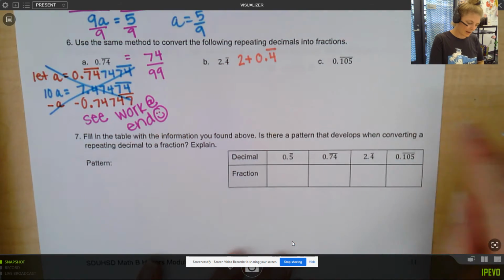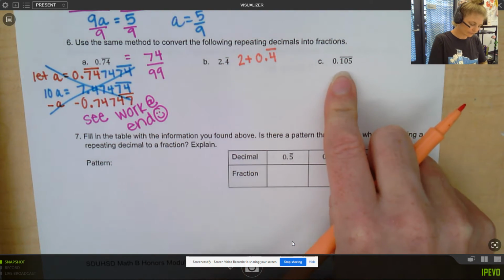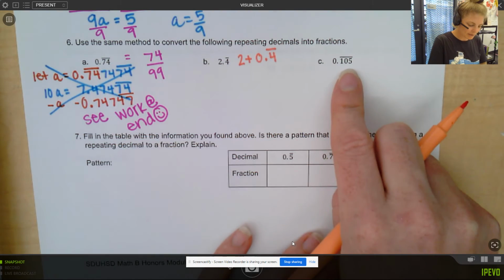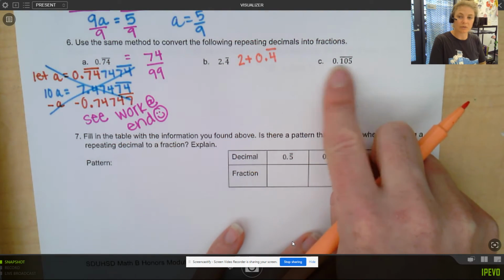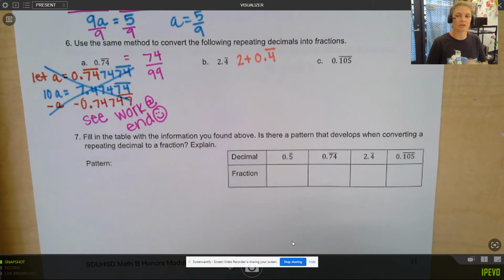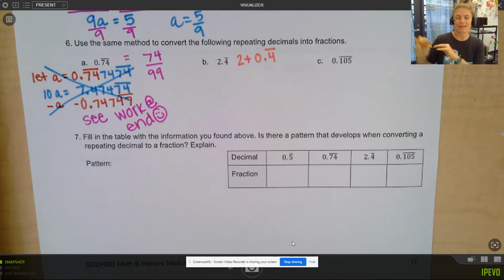When I look at C, notice we have 3 digits repeating, so you might want to think about what you need to multiply by to get to the end of the repeating decimal. Go ahead and pause the video real quick, and then we'll go over it as soon as you're ready. Okay, let's take a look.